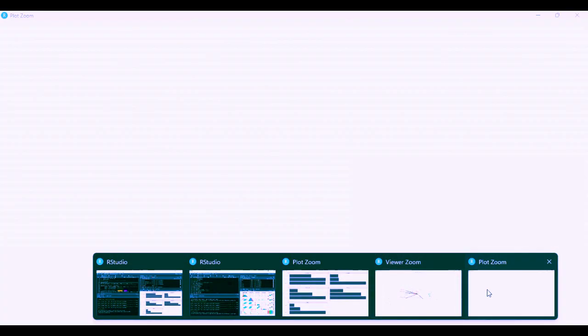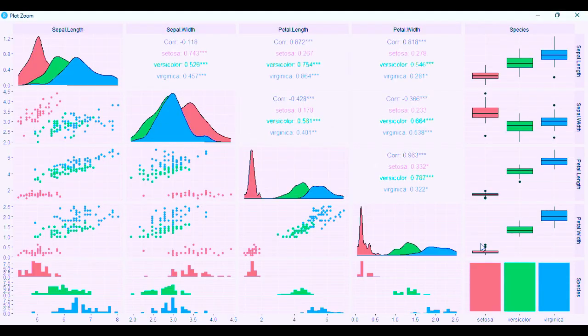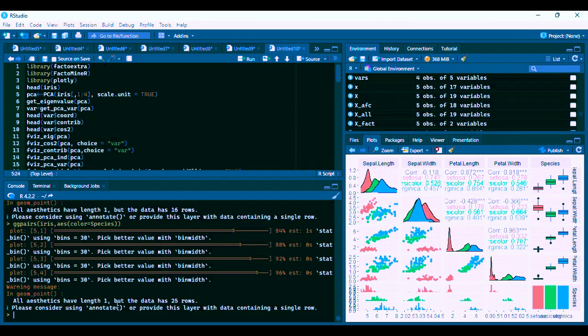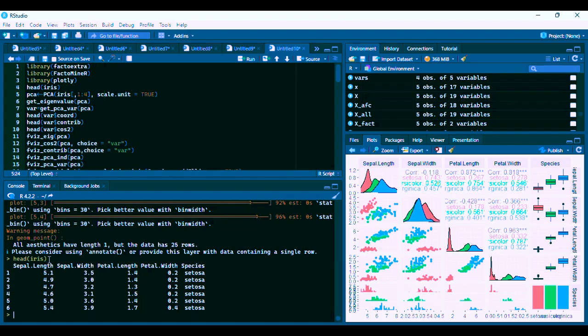So here we can show all the correlation coefficients for each group, with many significant correlations between variables according to each group. So in this case, PCA transforms these original iris variables into new uncorrelated variables.